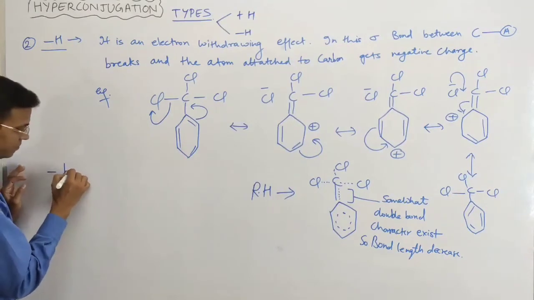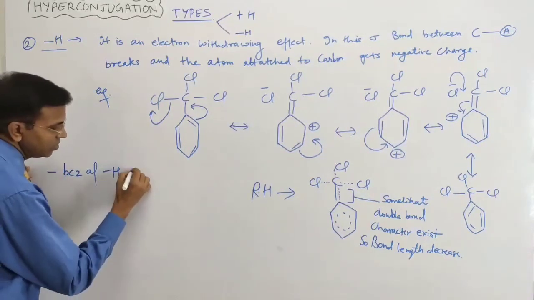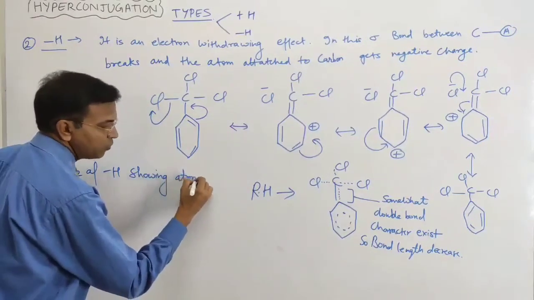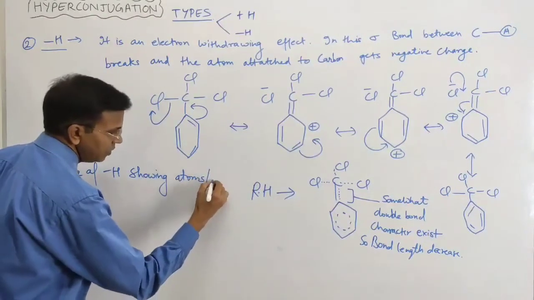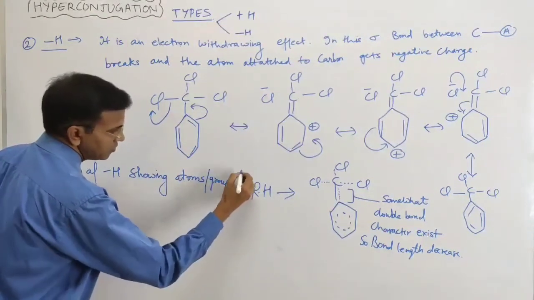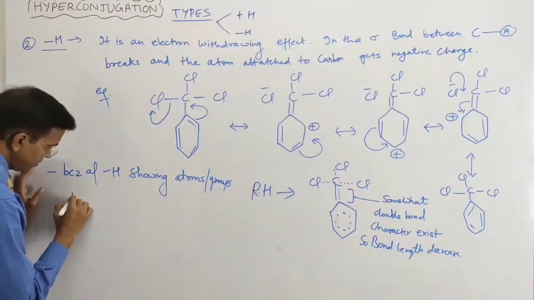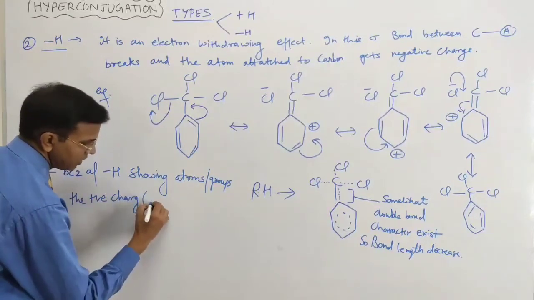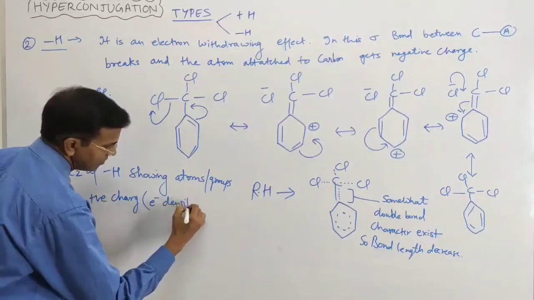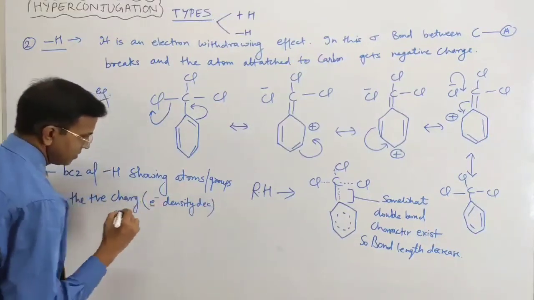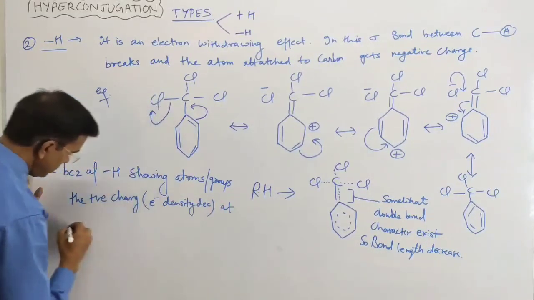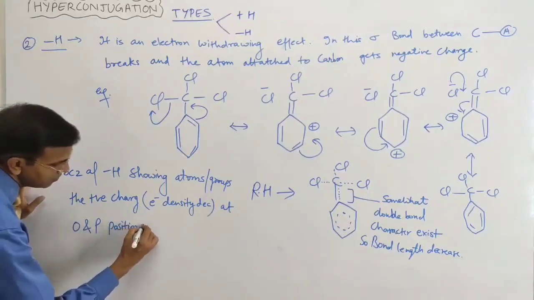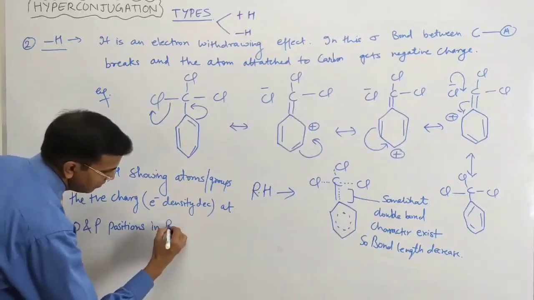Because of minus H showing atoms or groups, the positive charge, or you may say the electron density, decreases at the ortho and para positions in the benzene ring.